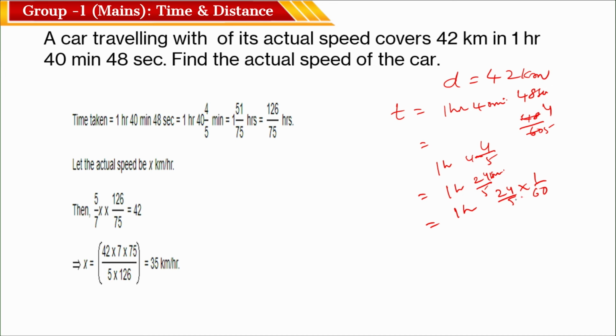So 24 by 5 into 1 by 60 means 12 2s, 12 5s means 1 hour and this is 2 by 25. 1 hour 2 by 25 means here 1 and 2 by 25, or you can say 25 ones are 25, plus 2, otherwise you can say 126 by 75 hours.